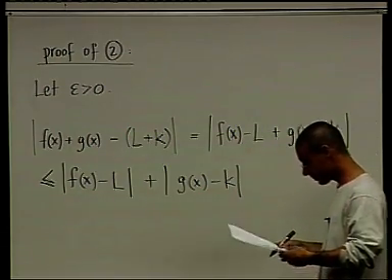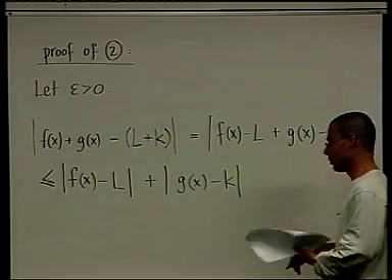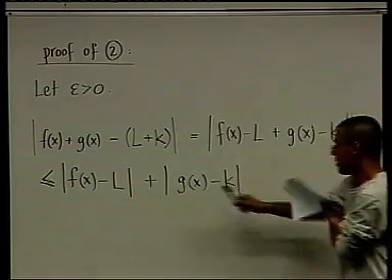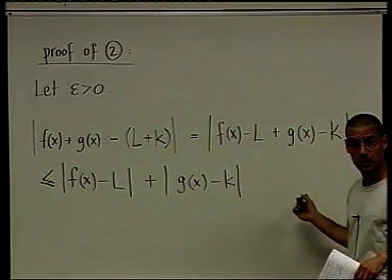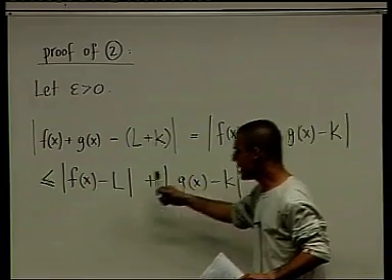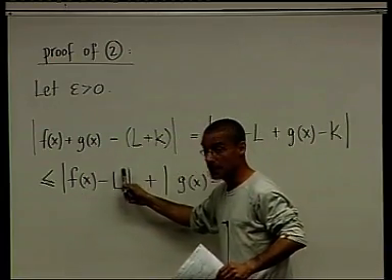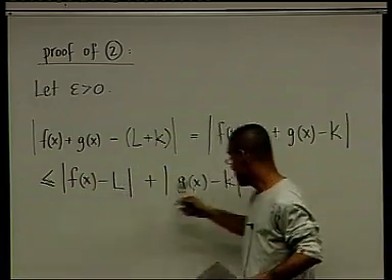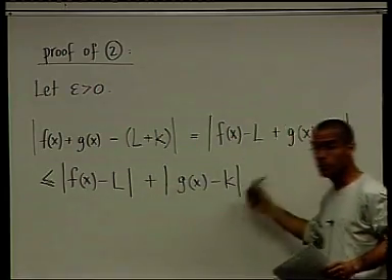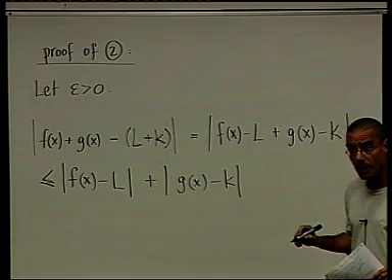Okay. Now let's remember again what we want. We want this entire thing to be less than epsilon. True? So if I can make this less than, say, epsilon over 2, and this less than epsilon over 2, then the whole thing would be less than epsilon. Right?